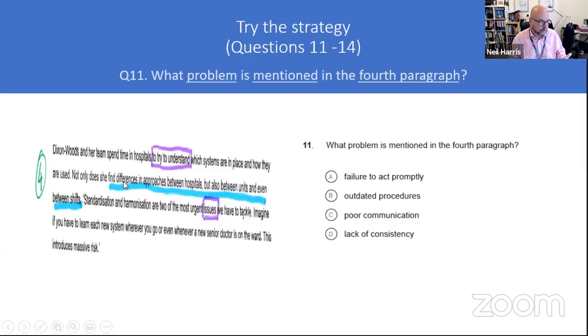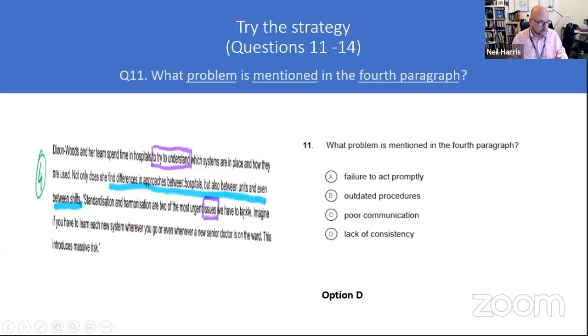And then she talks about the differences in approaches. So the thing here is that systems are carried out differently. That is why D is the correct answer rather than C. She doesn't blame poor communication. She doesn't explain why these differences exist.